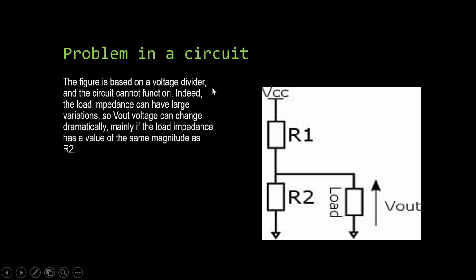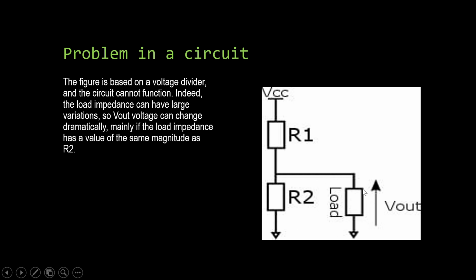Now, to explain the use of the voltage follower, I'll be using a problem in a circuit. The figure is based on a voltage divider, and the circuit cannot function well. Indeed, the load impedance can have large variation, so the V output voltage can change dramatically, mainly if the load impedance has a value of the same magnitude as R2.